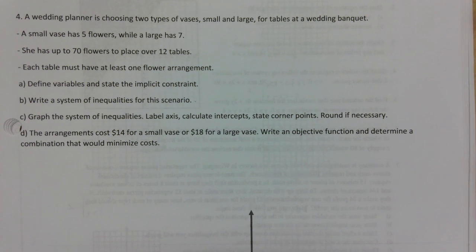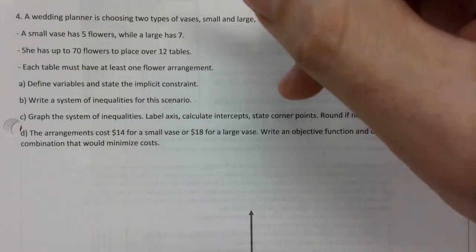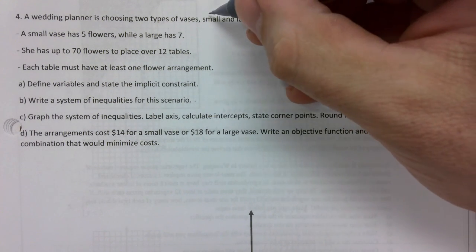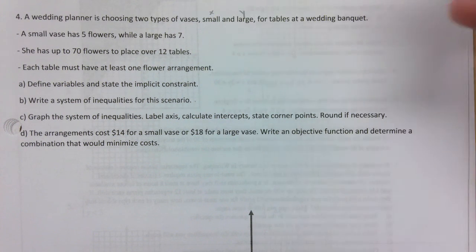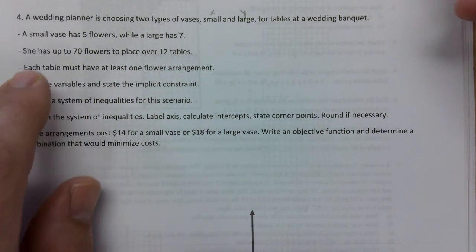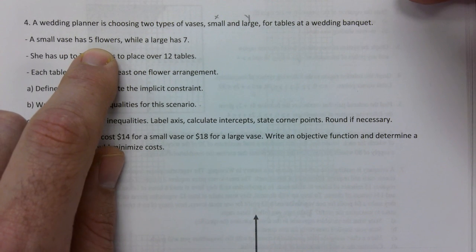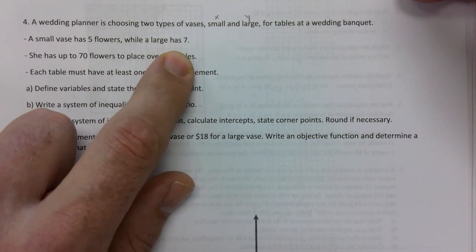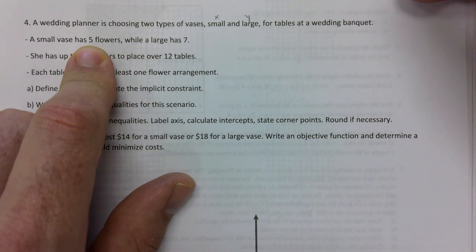Okay. A wedding planner is choosing two types of vases, right? So small and large. So you have, that's your X and that's your Y right there. A small vase can have 5 flowers, while a large will have 7. Okay, so there's the amount of flowers.